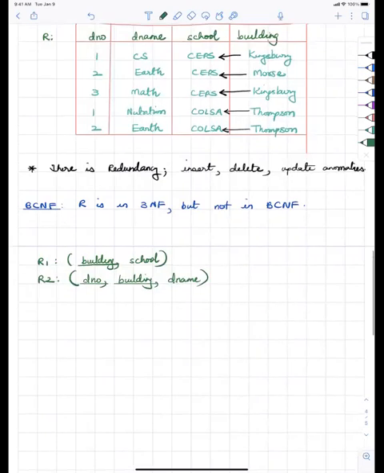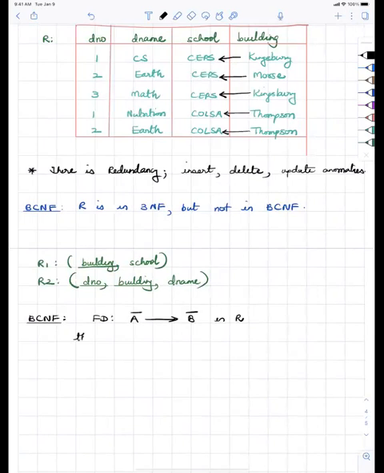The definition here is, if you have a functional dependency, where again A bar, I'm going to keep it as A bar, goes to B bar in R, then A bar must be a key or a super key of R. So that's the definition of Boyce-Codd normal form.